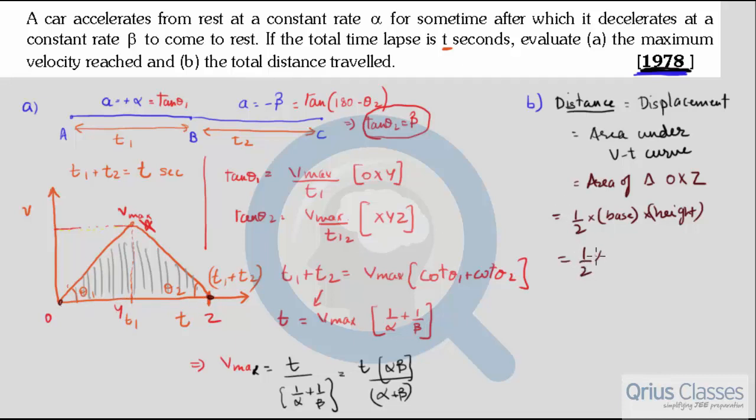The height of the triangle is Vmax. Putting in the value of Vmax from our equation number 1, we get half t squared alpha beta divided by alpha plus beta. So this is our answer to the second part.